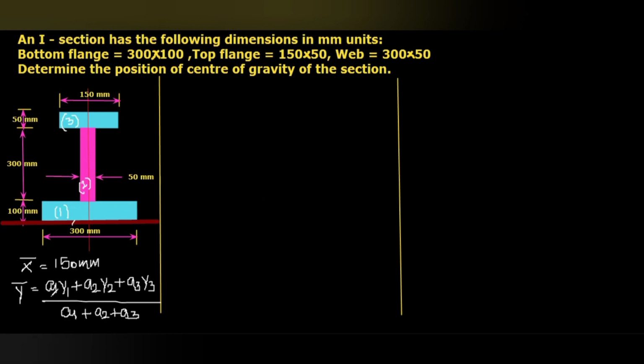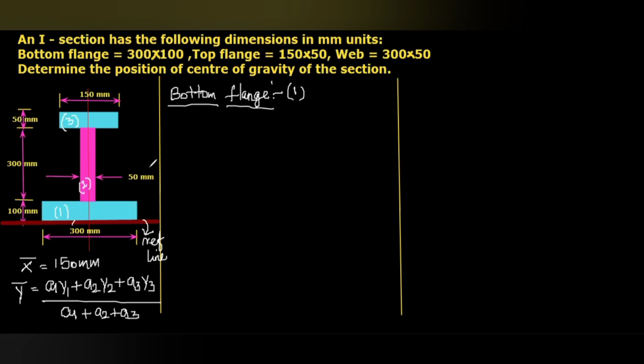To calculate y bar, for each rectangle we have to calculate the area and the distance of center of gravity from the bottommost line, that means the reference line. First I am going to consider the bottom flange, which is rectangle 1, the first diagram.